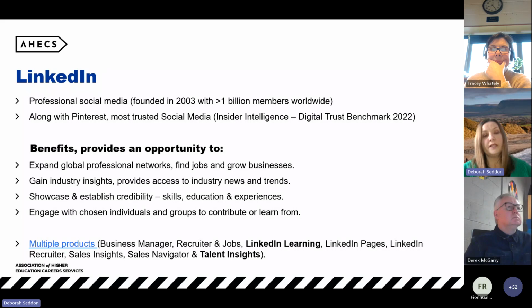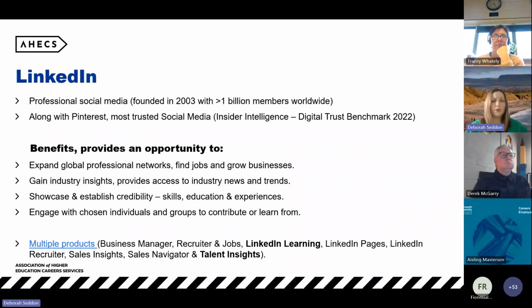And it also gives us an opportunity to join groups and to engage in different ways through the platform with different individuals or groups, to contribute to those or to learn from those conversations that are happening through this domain. So LinkedIn does have multiple products. We're not going to look at a lot of those products today.